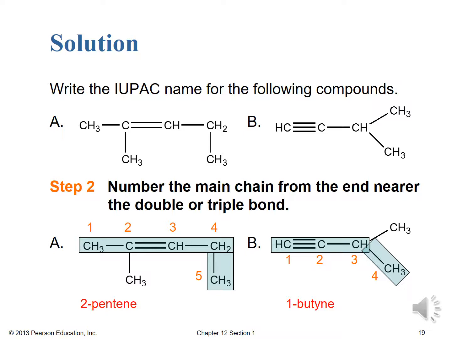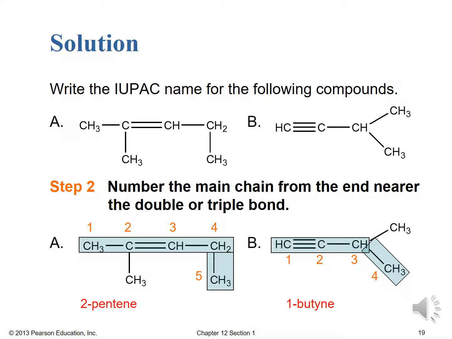So we see here if we number from left to right for the pentene, that's the lowest numbering for our double bond. Again, not the substituent, but the double bond. In this case, it happens to work out both, but we always want to hit the double bond first in naming an alkene.